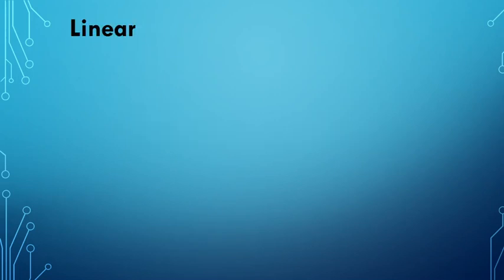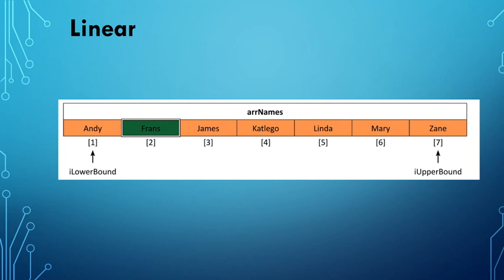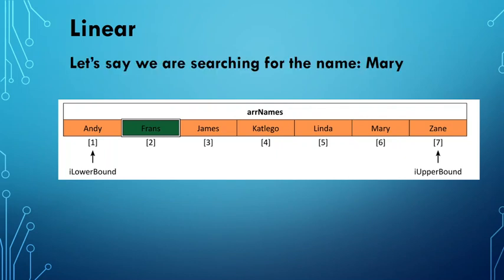So let's look at the linear search then. In our example, it is a sorted array because I want to use the same example for both. But let's just pretend this is an unsorted array. Let's say we have to find the name Mary.